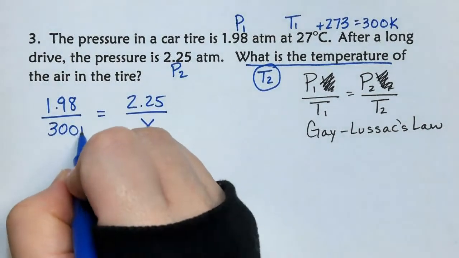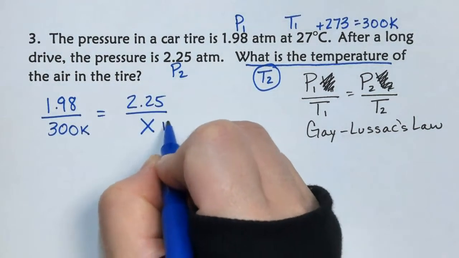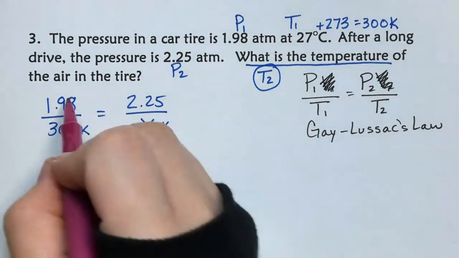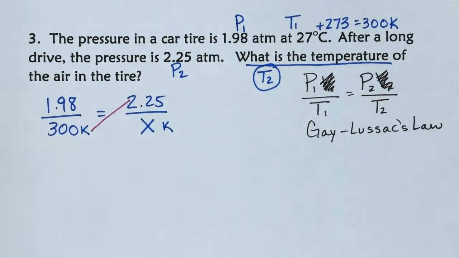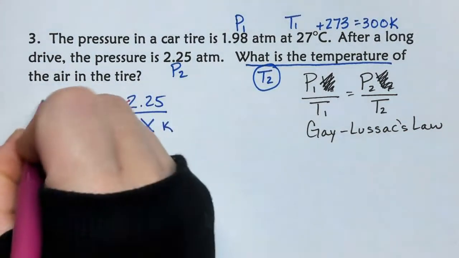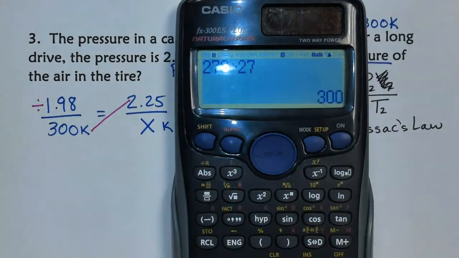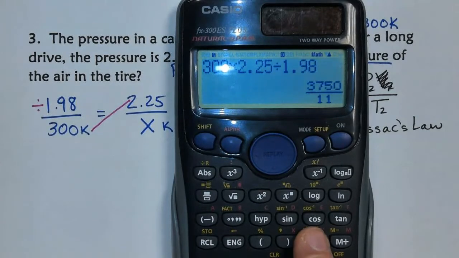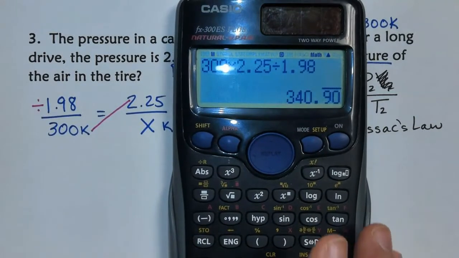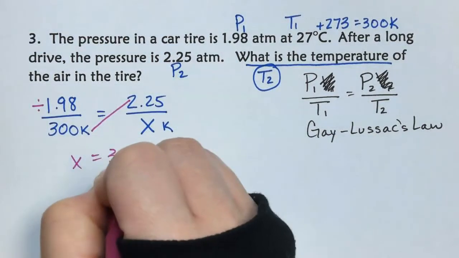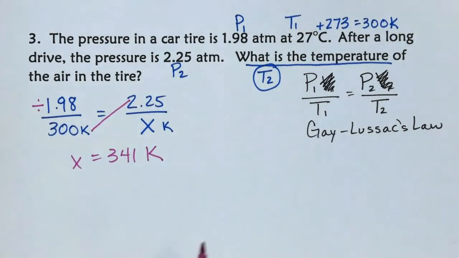So that means this is Kelvin, which means that whatever answer I get for X is also going to be in Kelvin. So let's go ahead and calculate this. You're going to start your cross, not with your X, opposite the X. So I'm going to cross multiply there, and then I'm going to divide by 1.98. So 300 times 2.25 divided by 1.98, and we get 341. So we're going to write X equals 341, and that unit is Kelvin.